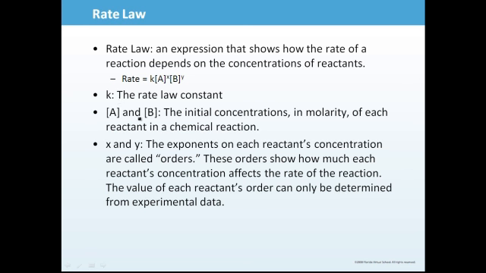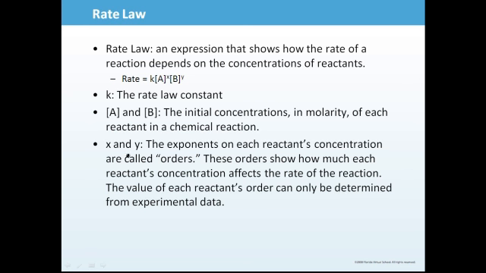A and B, as we mentioned, are the concentrations, and it's always going to be the initial concentrations in molarity for each of the chemicals involved. So if there are 3 reactants, then we'd have to include a C in that equation. If there's only 1, then we just get rid of the B. We just add and take away the variables as we need, depending on the reactants we have.